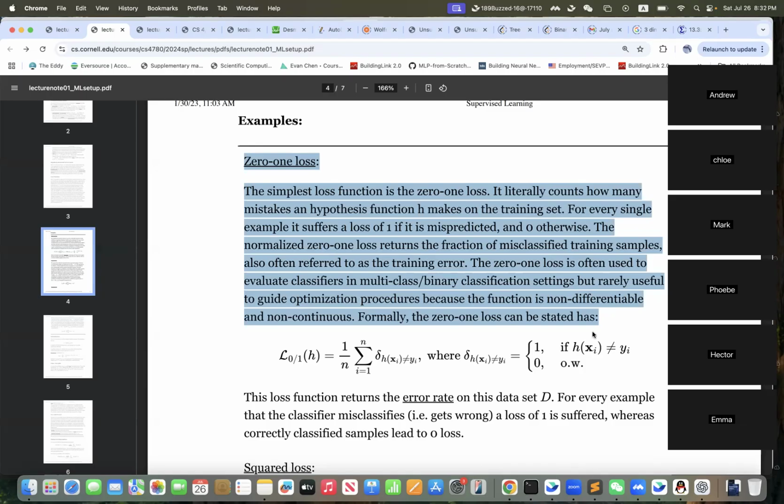0-1 loss. The simplest loss function is the 0-1 loss. It literally counts how many mistakes a hypothesis function h makes on the training set. For every single example, it suffers a loss of 1 if it is mispredicted and 0 otherwise. The normalized 0-1 loss returns the fraction of misclassified training samples, also often referred to as the training error.